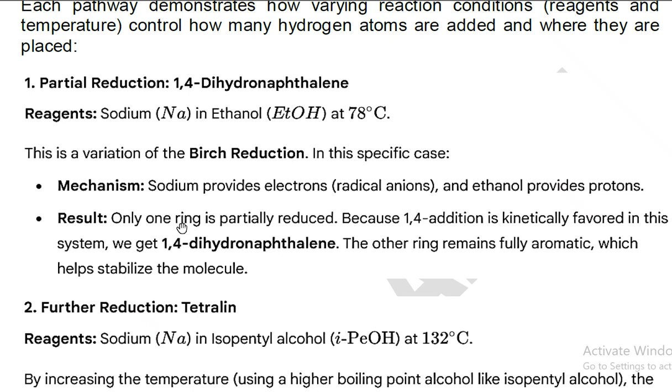Only one ring will be partially reduced because 1,4 addition is completely favored in this system. We get just 1,4-dihydronaphthalene. The other ring is not affected by this process. It remains a fully aromatic system.